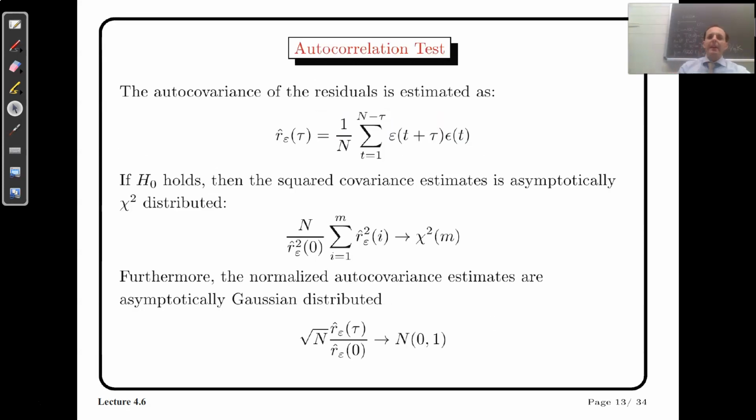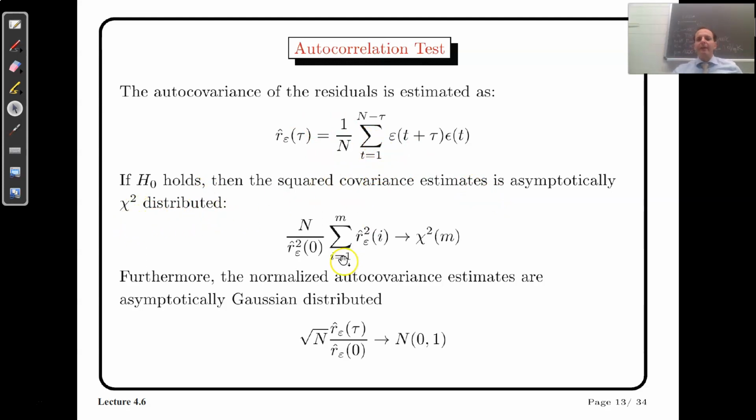The first one, as we saw in the previous case, is the autocorrelation test. You estimate the autocovariance of the residuals, and in the case of whiteness, if H0 holds, then the squared variance estimate is asymptotically chi-square distributed.